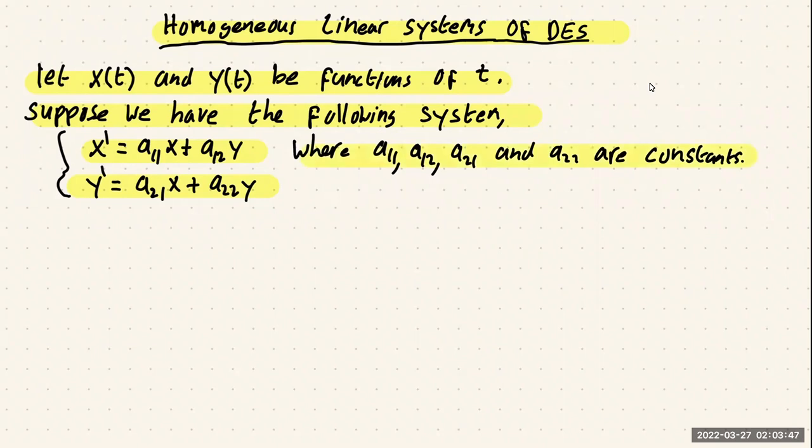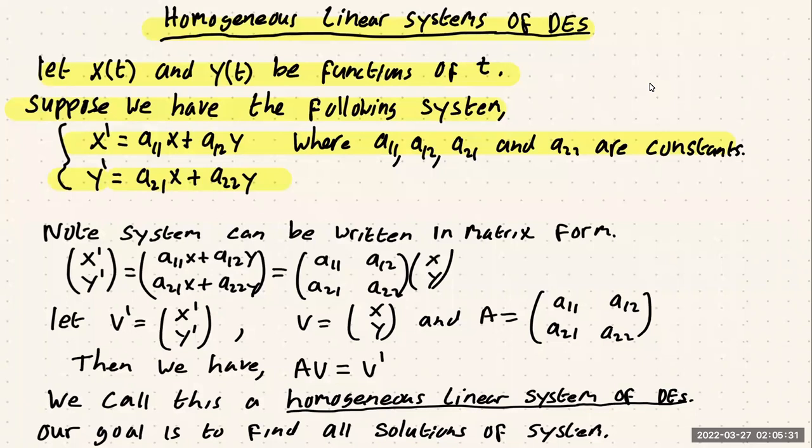constants. Okay, we're going to write this system in matrix form. Note our system can now be written in matrix form. I'm going to take my x, y and write it as the vector down below, and then take my two equations and write them in matrix form.